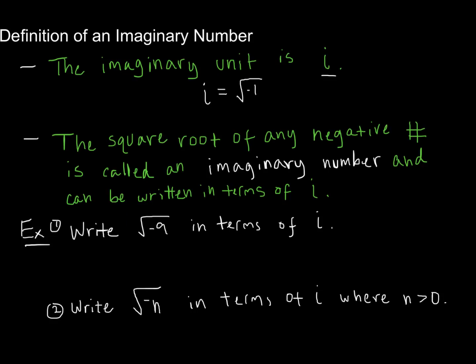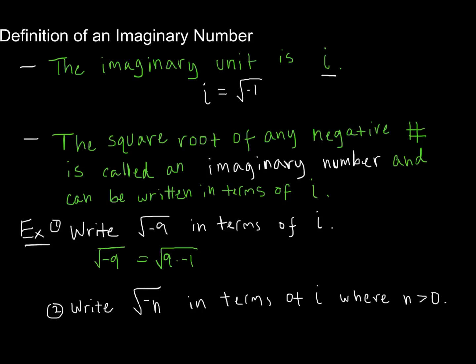So let's talk about how we can do this. If you have the square root of negative 9, we're going to use the property of square roots to kind of break up the part that we can represent in real numbers and the part that is just an imaginary number i. Okay, so let's rewrite this as the square root of 9 times negative 1.